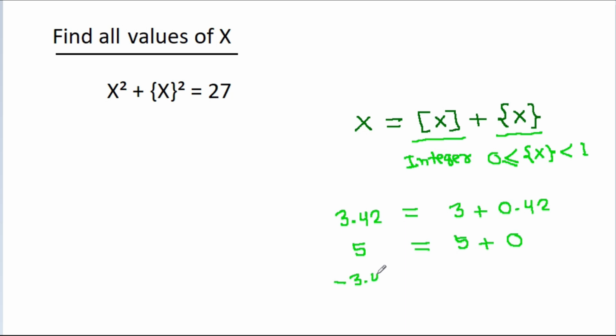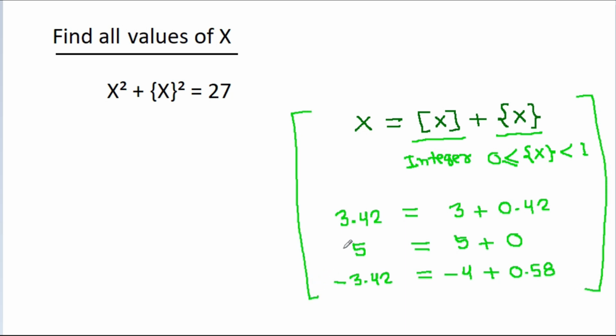Minus 3.42 is minus 4 plus 0.58, and so on. And here we have x² plus the fractional part of x² is equal to 27.